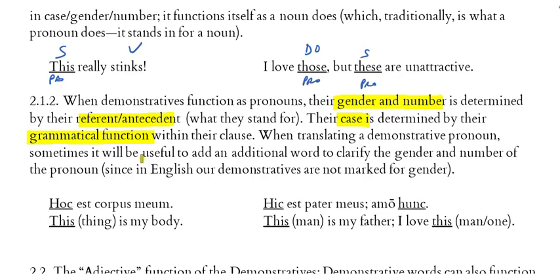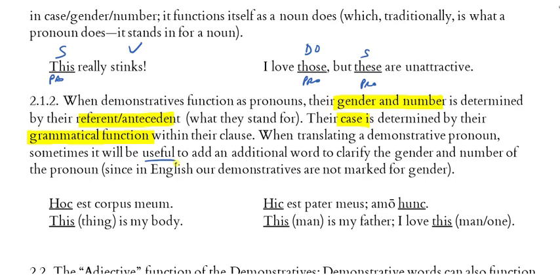But its gender and number has nothing to do with what its function is. It has to do with what it represents or stands for. So, when translating a demonstrative pronoun, sometimes it will be useful in English to add an additional word to clarify the gender and number of the pronoun, since in English, our demonstrative words are not marked for gender.